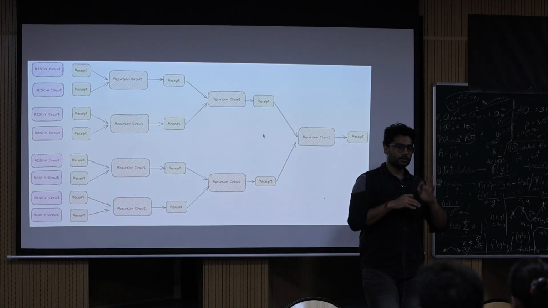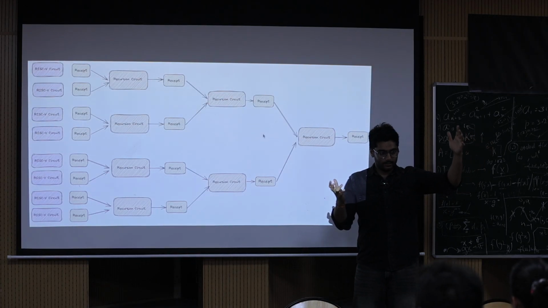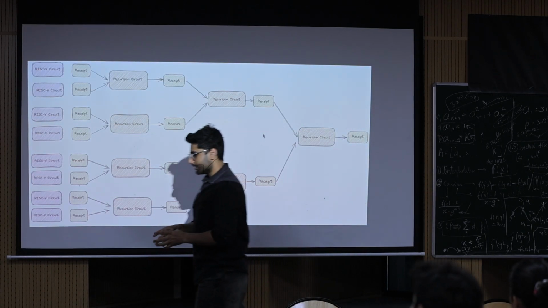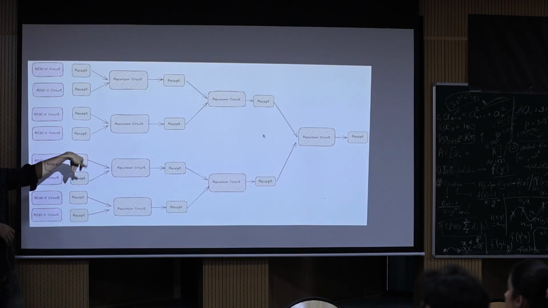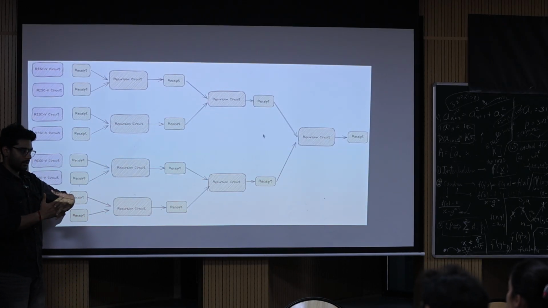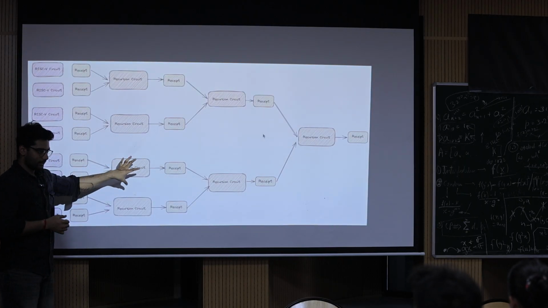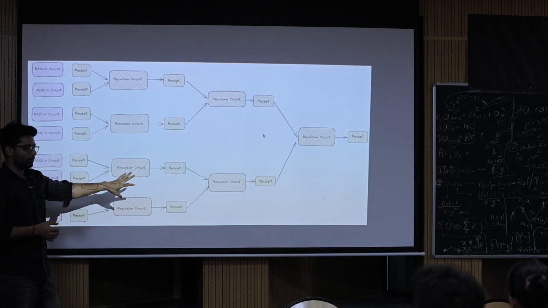But if there was a bug in any one of these, how would you detect that? So a recursion circuit is basically a circuit that verifies proofs and merges them with the other one. So every time you have a recursion circuit, it's basically verification and adding of two proofs.